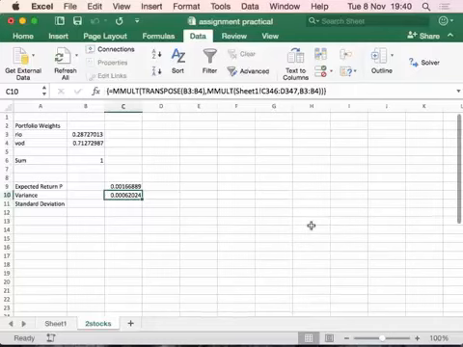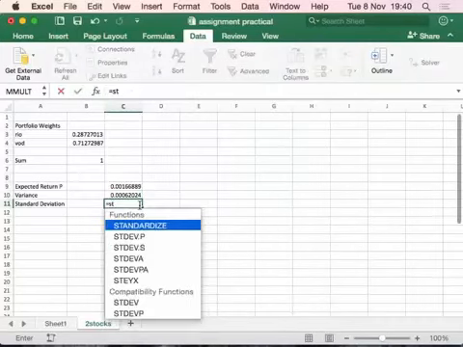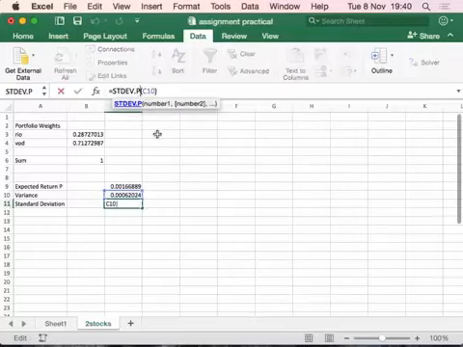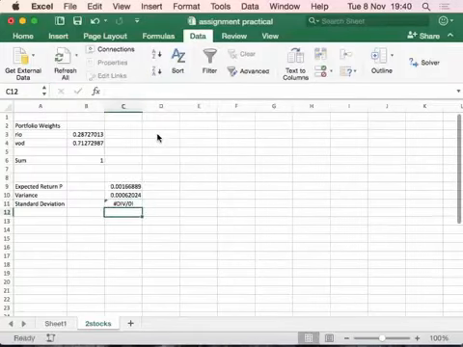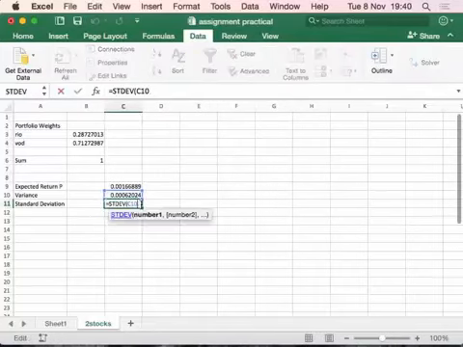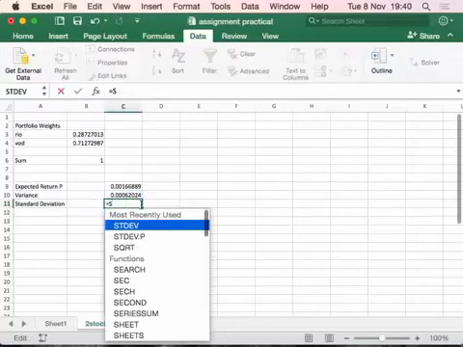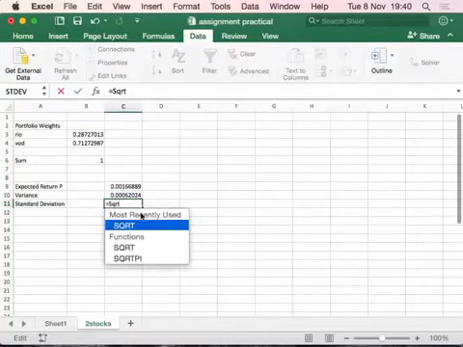So let me do the standard deviation. If you have the variance, can't you just do the square root and that's it? Sorry, it's the square root, isn't it? Why did I do a standard deviation?